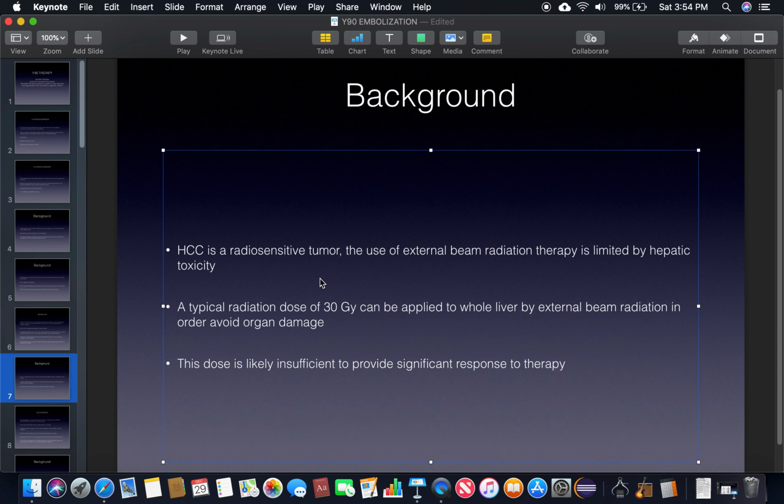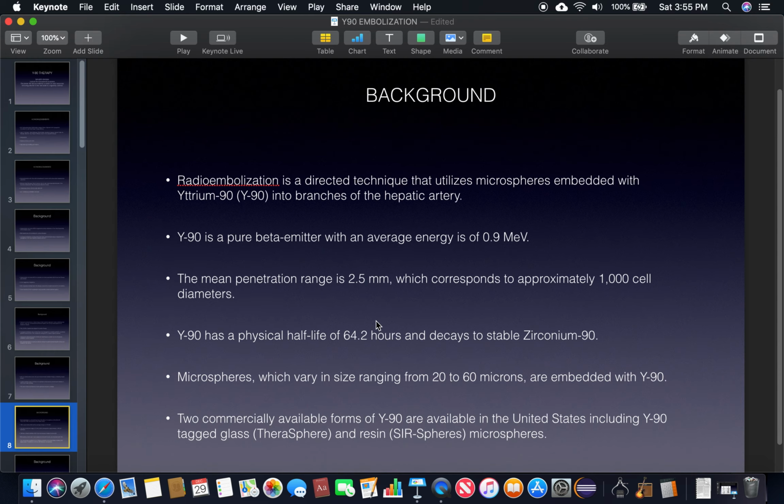It is important to understand that hepatocellular carcinoma is a radiosensitive tumor, and one can give external beam radiation, but the problem is the resultant hepatic toxicity. Beyond the dose of 30 gray, the liver cannot tolerate external radiation therapy because of the damage that it causes. And as a result, it is not the best treatment.